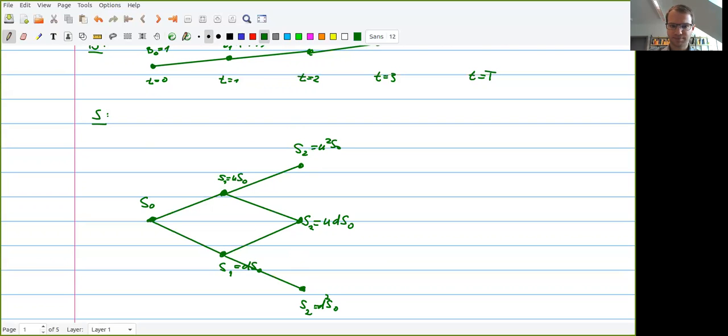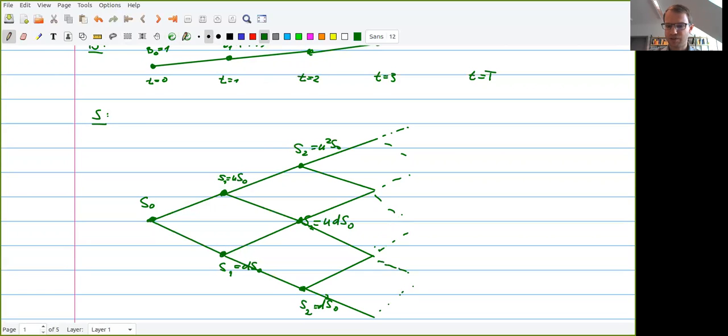So again, you might go up, down, up, down, up, down. Right. And then, well, you can keep playing this game until you reach the maturity time, so right until you are at terminal time T.